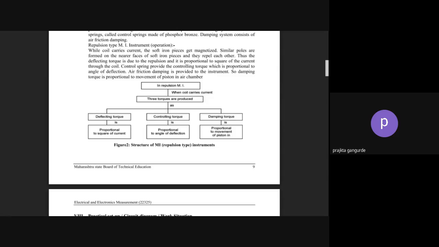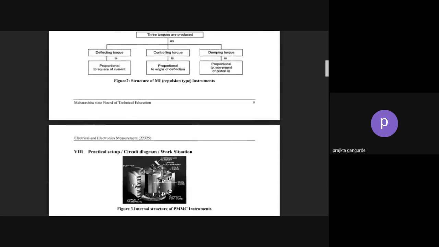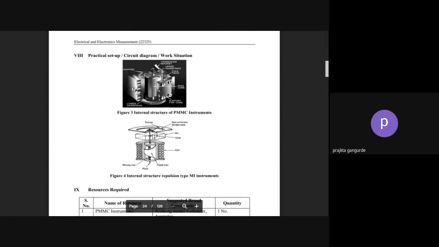The deflecting torque is essential to obtain the required reading. The controlling torque is also required to bring the pointer to its original position, and the damping torque is required to make the pointer steady. This one is your second, that is the repulsion type moving iron instrument.